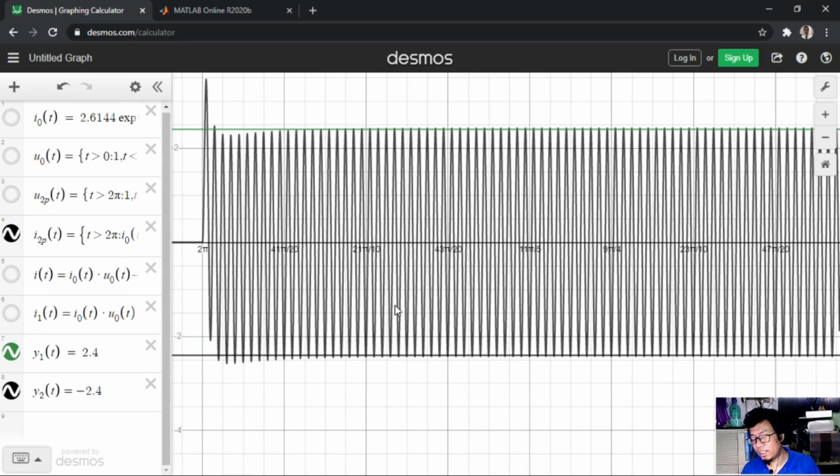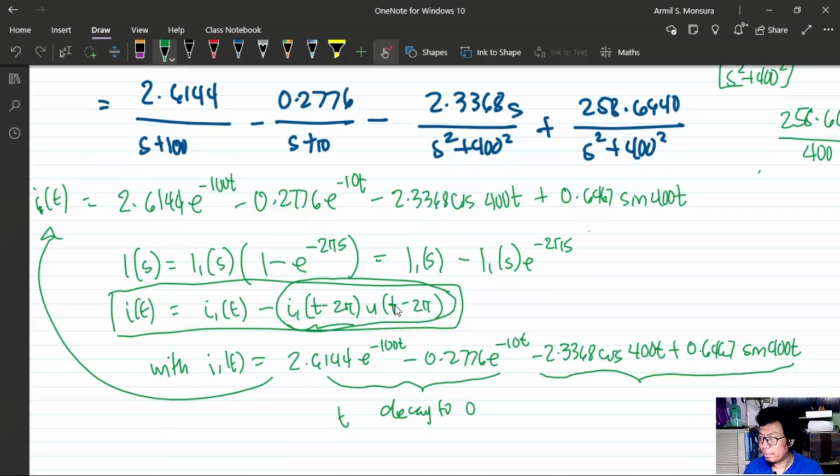So therefore magsi-zero na rin siya. And what would be left after 2 pi is a very small portion of your exponential, kasi nga magka-cancel out tong sinusoids nandito.